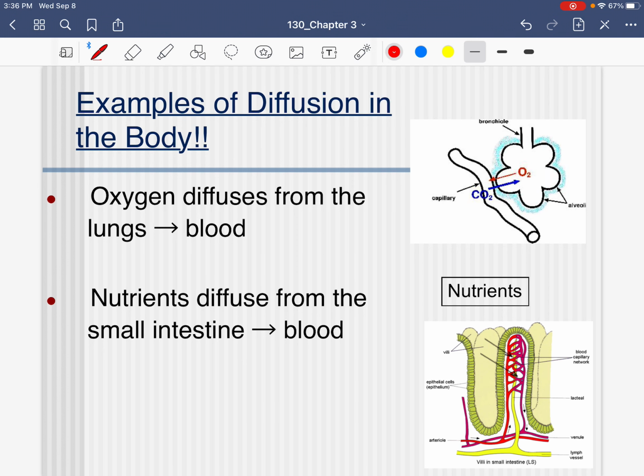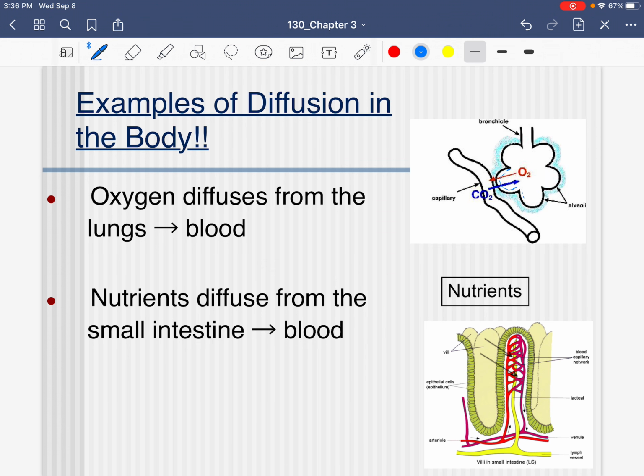You know, the reason why we talk about all this, we're not just trying to be boring science people, because diffusion is a mechanism that our body utilizes. When we get to the respiratory system, do you know how the body exchanges gases in the lungs, from the lungs to the surrounding blood vessels? Diffusion. So the body is set up that way.